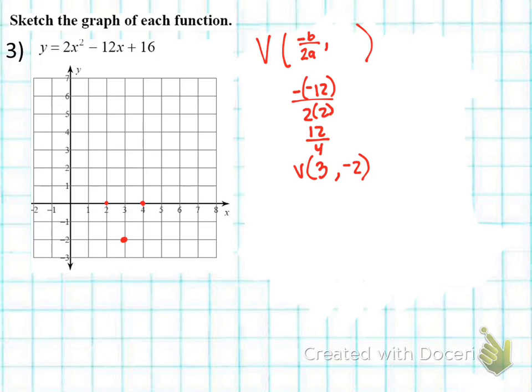If I go left or right 2, how far up will I go? 8, right? 2 squared is 4 times 2 again is 8. So you're going to go left 2 and up 8. Right? So I should have a symmetrical graph now.